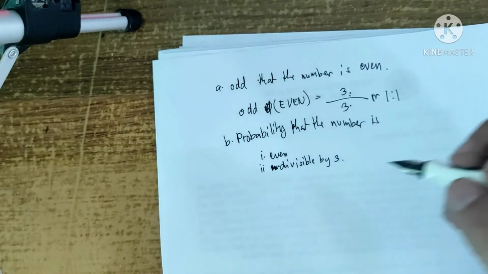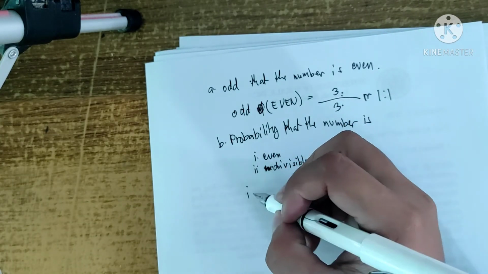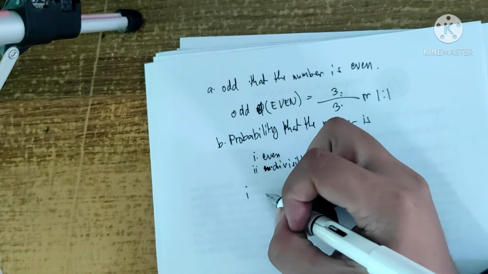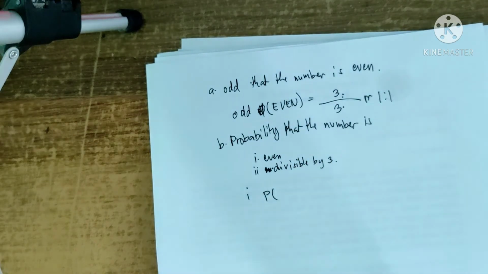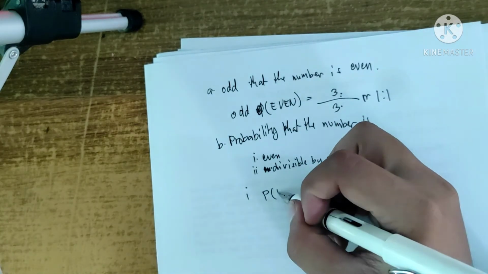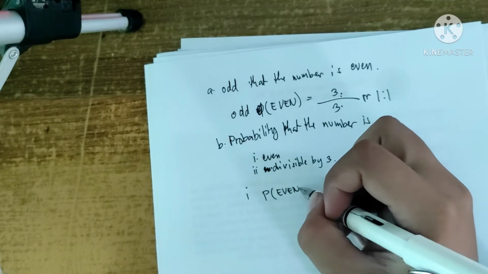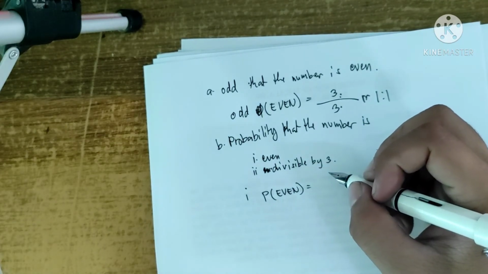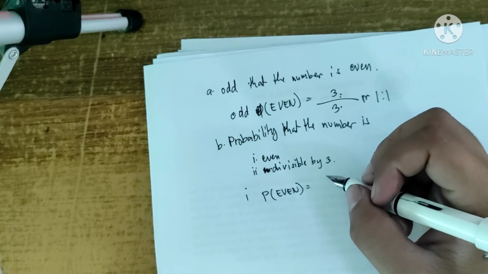Okay. Let's answer letter I. Okay, number 1, even numbers. So, probability of the number being even sa ating die. Sa die pa rin tayo, ha? So, probability of getting an even number is how many possible outcomes are there? That is 3.